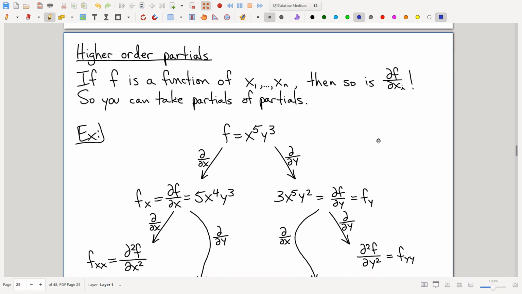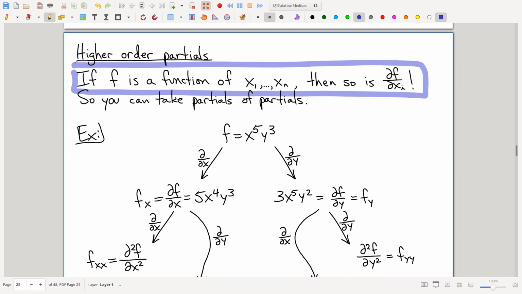Okay. All right. And now I want to talk about higher order partials. And again, there's not that much going on here. This is what I consider to be kind of the point right here. What is it that allows us to take a derivative of some function of several variables?